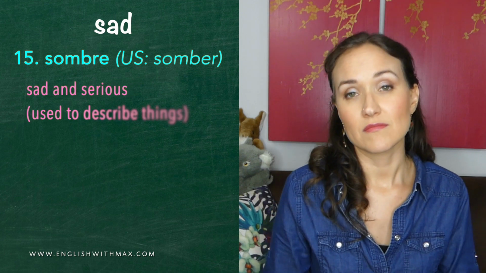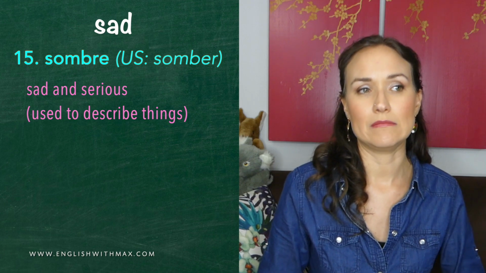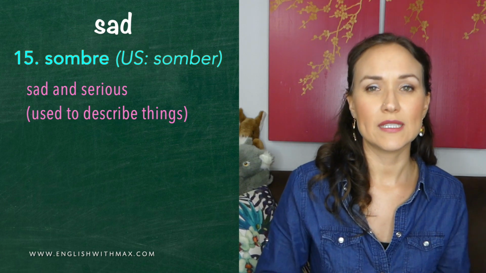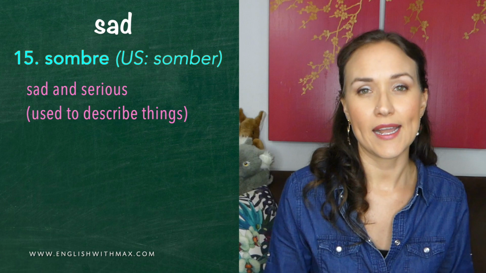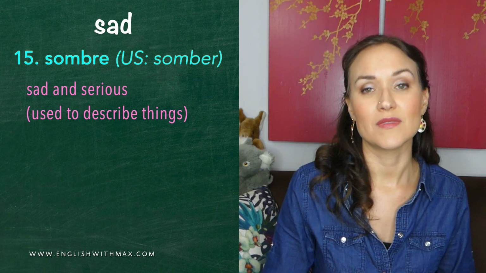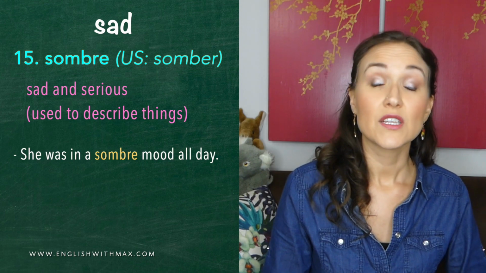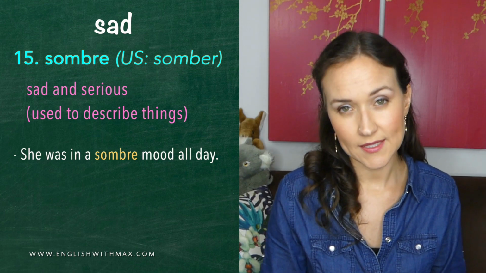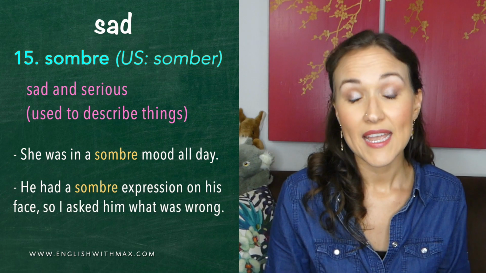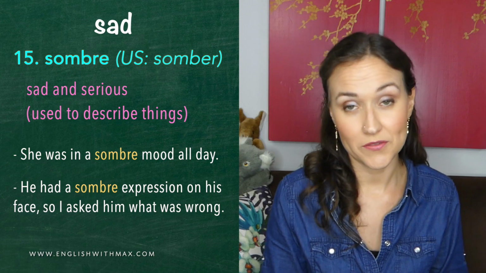It means sad and serious, but it's used to describe things, usually abstract things like a mood, an atmosphere, or a facial expression. So you can say, she was in a somber mood all day. He had a somber expression on his face, so I asked him what was wrong.